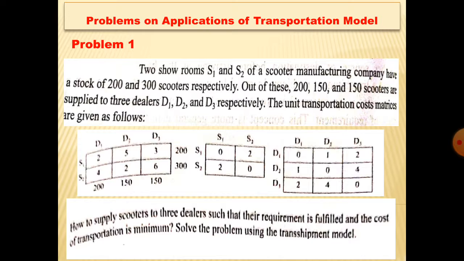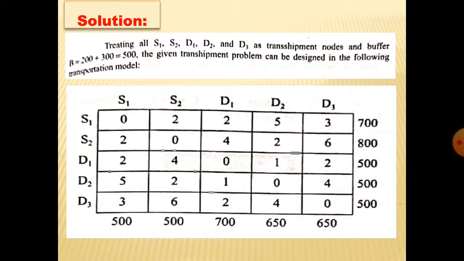Out of these, 200 and 150 scooters are supplied to the 3 dealers D1, D2, D3 respectively. The unit transportation cost is given as follows. How to supply the scooters to the dealers such that the requirement is fulfilled, this is the problem.